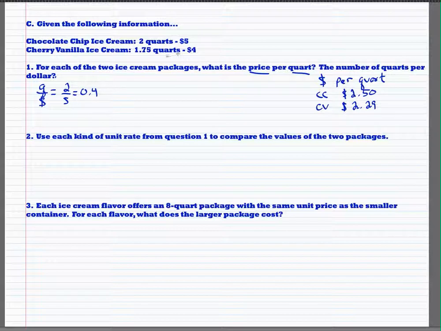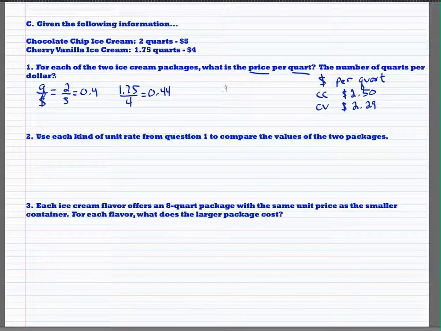And for the cherry vanilla, again, quarts over dollars. It's going to be 1.75 over $4 is the price. And when I do that, it's going to be about 0.44, I believe we said in class. I think it's 0.437 or something like that. But so we're getting 44 hundredths of a quart for every dollar.